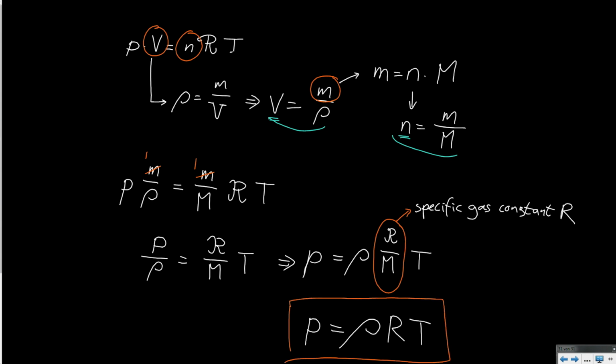And here the R, if you calculated what it actually is, the molar mass of air is 28.97, and then dividing the universal gas constant by this results in a specific gas constant for air of 287.00 joules per kilogram Kelvin.